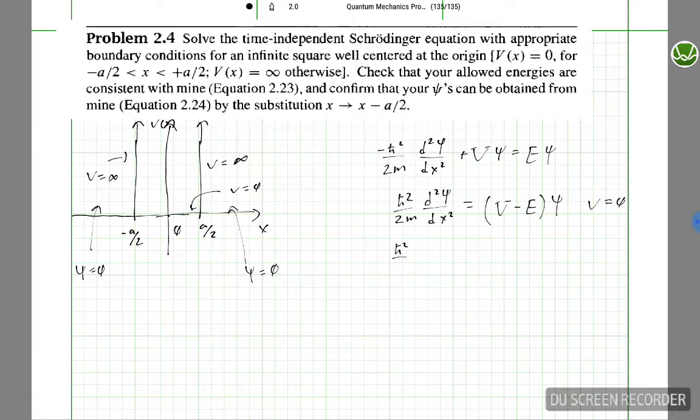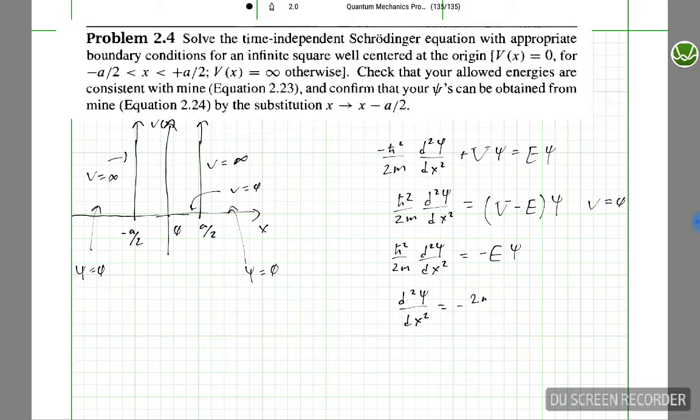So I get h bar squared over 2m d squared psi dx squared equals negative E psi. Doesn't matter which side you like to keep the negative on. For some weird reason, I like to keep it on this side.